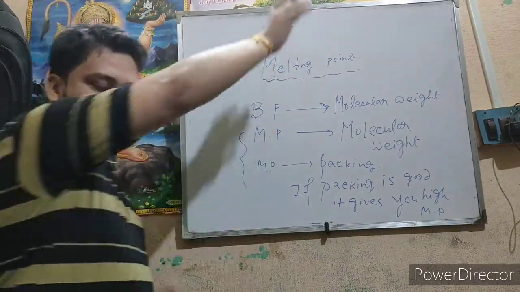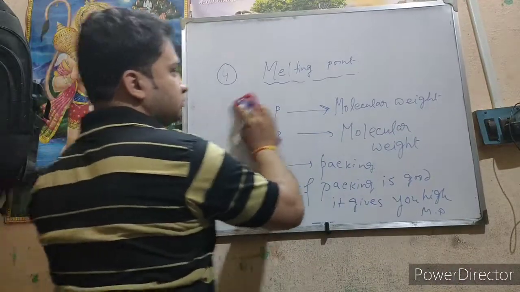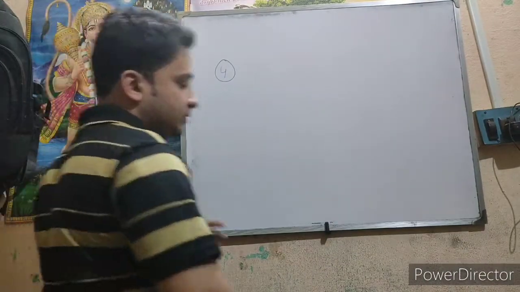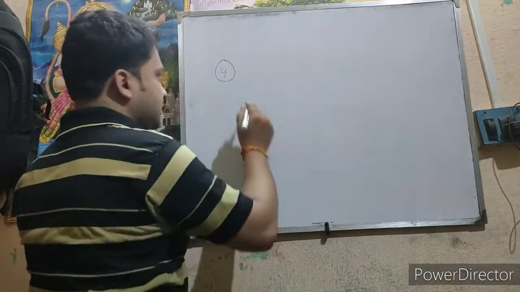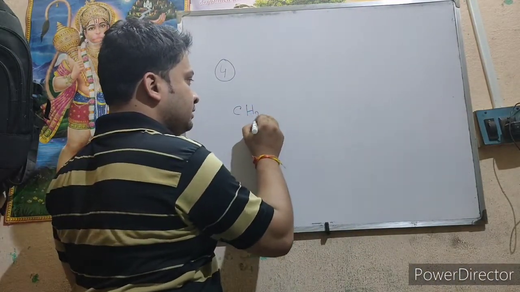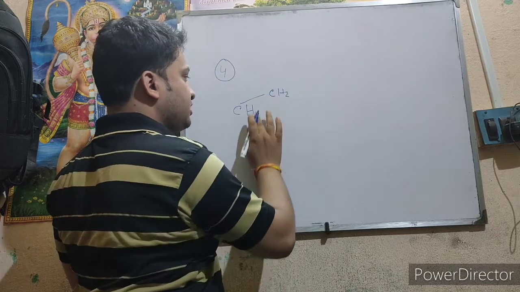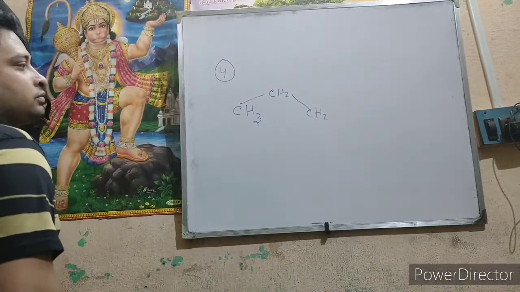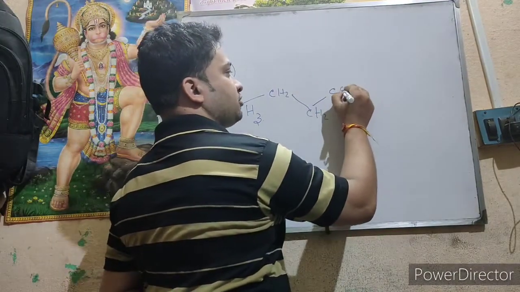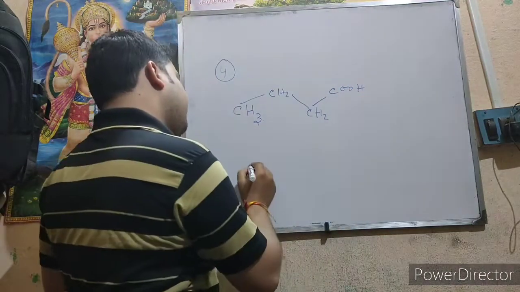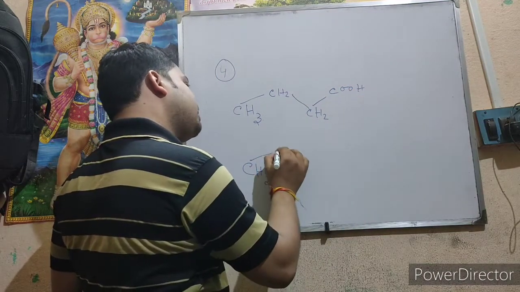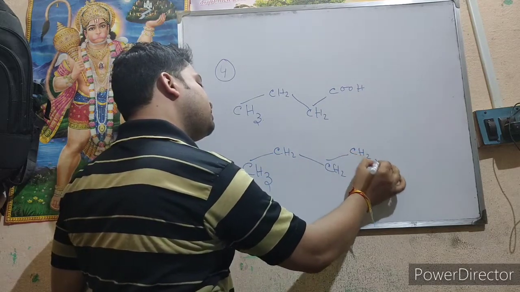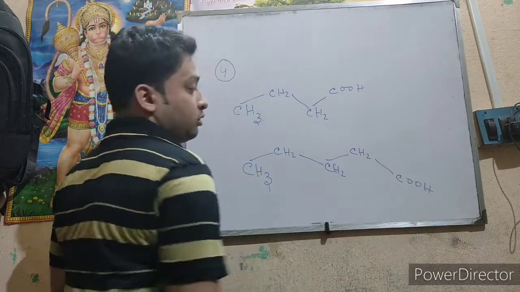Now take a problem that helps you understand the question. The problem is, you have CH3 CH2 CH2 CH2 COOH, or you have CH3 CH2 CH2 COOH.